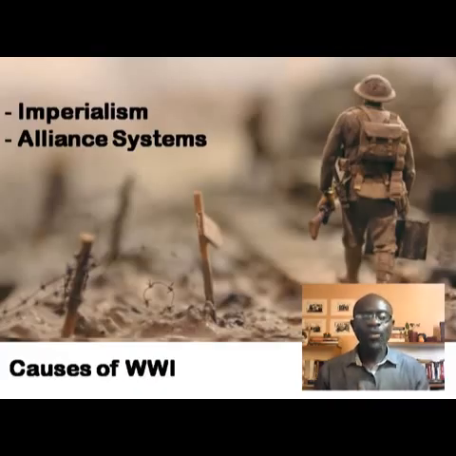So for the first time, we see France being lifted out of isolation and coming into strategic relationship with Russia. Now, this strategic relationship was going to later on blossom into another entente, what we refer to as the entente cordiale between France and Britain.